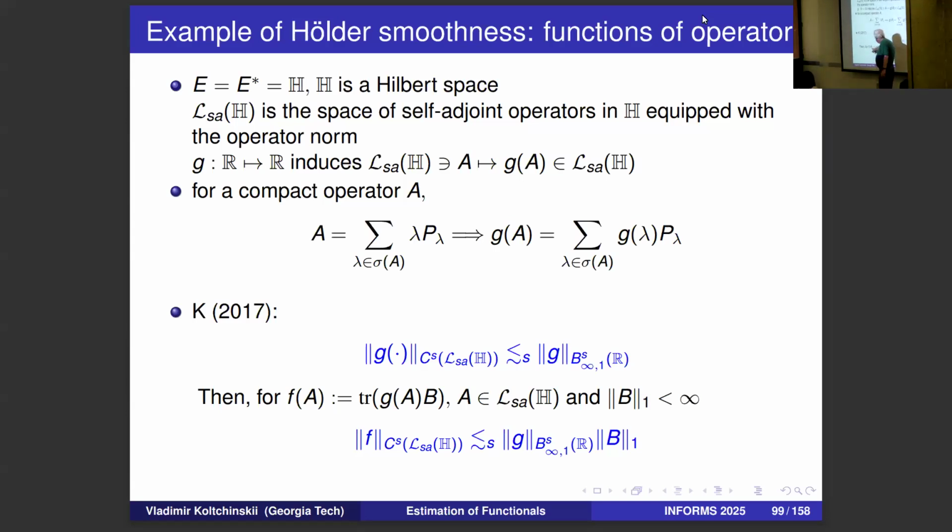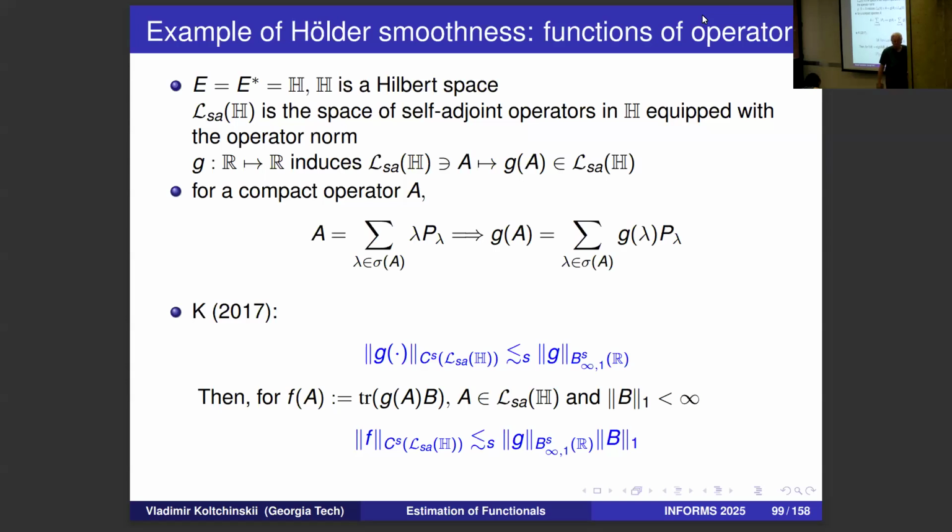And you can create a functional, for instance, by taking the trace of this thing. So it will be a linear functional of the operator function, and this is already a real valued functional. And for this functional, of course, you will also have this bound. So if B is, say, a nuclear operator, a trace class operator, then we will have this type of smoothness of the function.